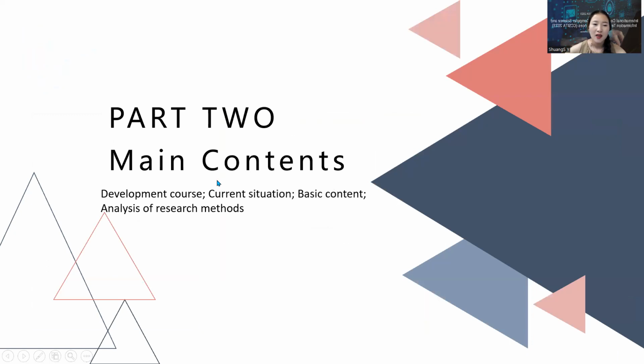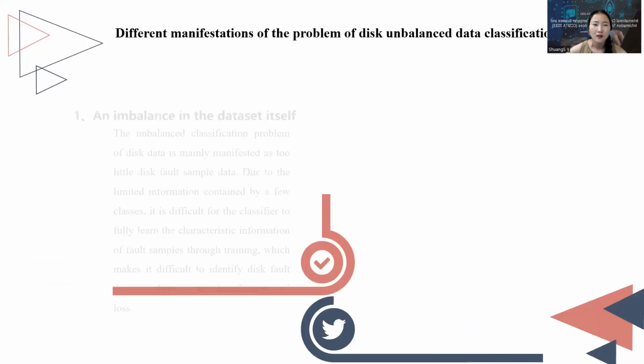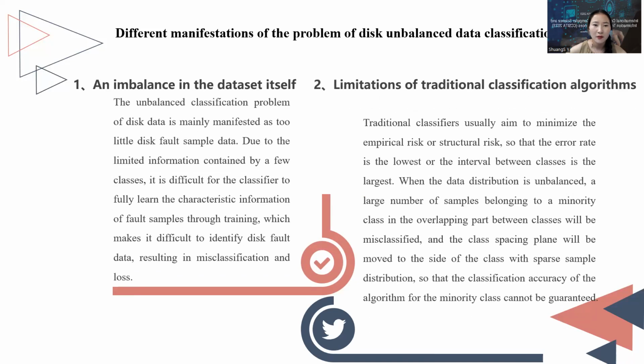The second part is the main content. Different manifestations of the problem of disk imbalanced data classification. One, imbalance in the dataset itself.